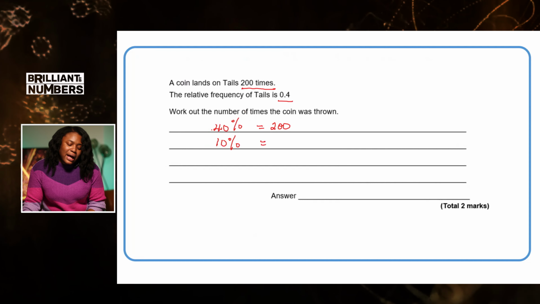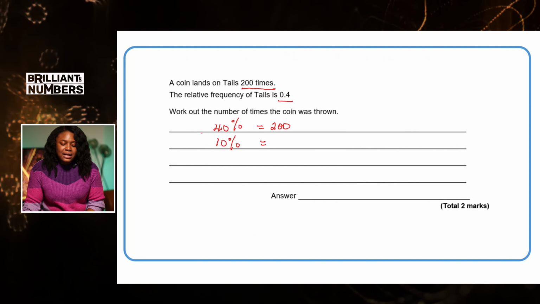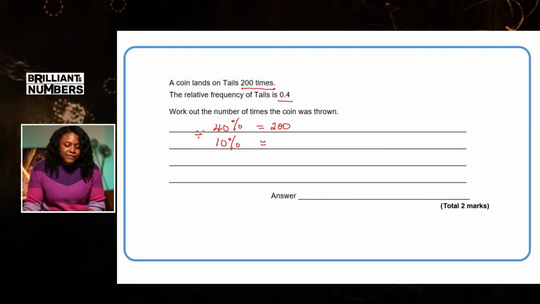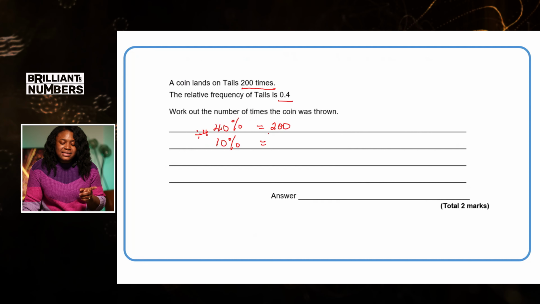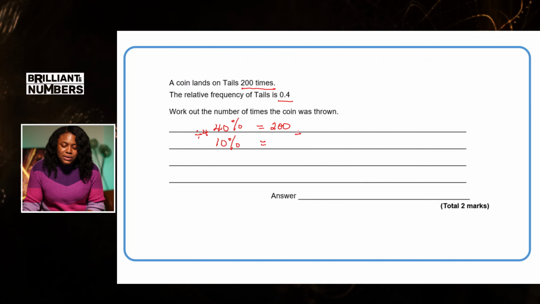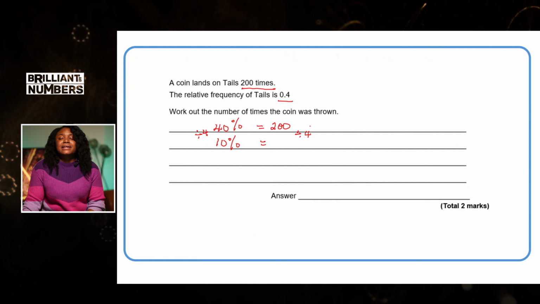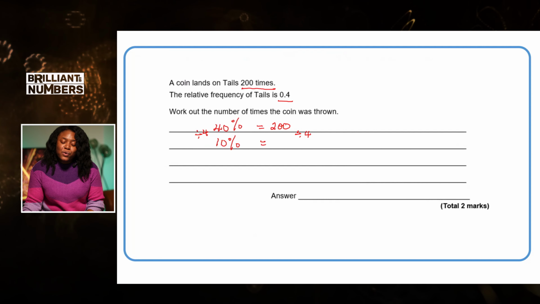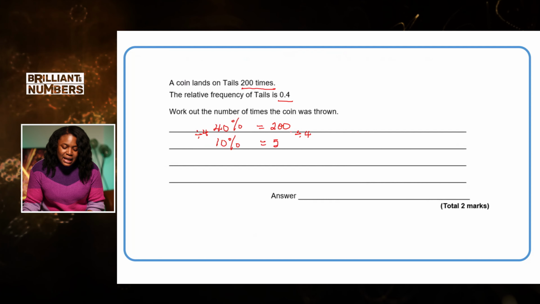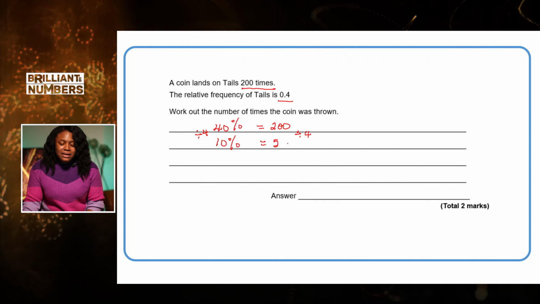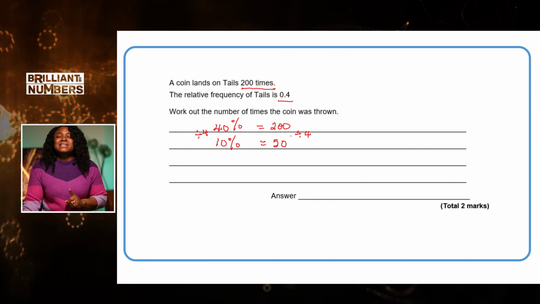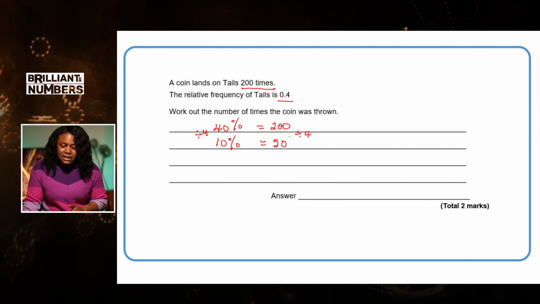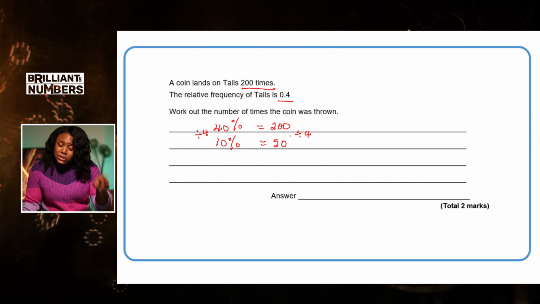So if I know I'm going from 40 to 10, I would have to divide by 4. So if I divide this side by 4, I need to also divide my right hand side by 4 as well. So let's start by doing 20 divided by 4, which is 5. And then 0 divided by 4 is 0. So 10% then is 50.